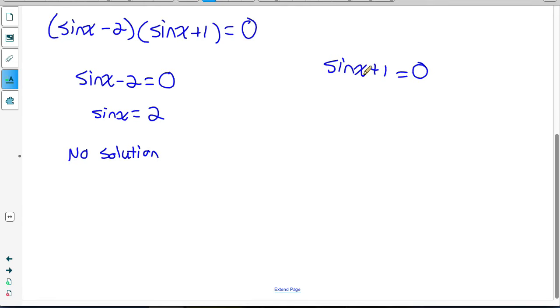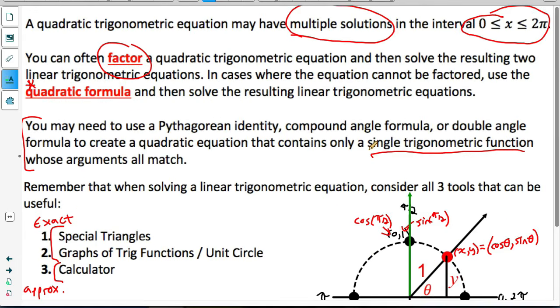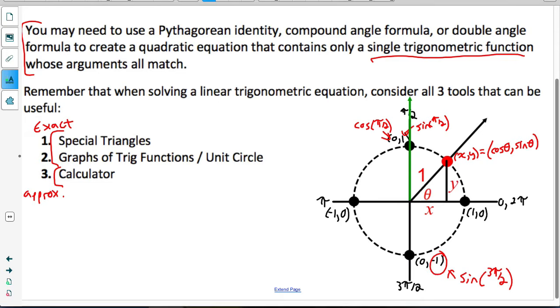How about this factor? How about the sine of x plus 1 equals 0? Well, let's set that ratio to 0. So sine of x equals -1. And then let's solve for what value of x, right? What angle gets us that sine ratio? And once again, we can use our unit circle for this. If we look back to the unit circle, when is the y coordinate -1? So for what angle would I have to rotate this terminal arm to be able to get it to intersect the unit circle at a y coordinate of -1?